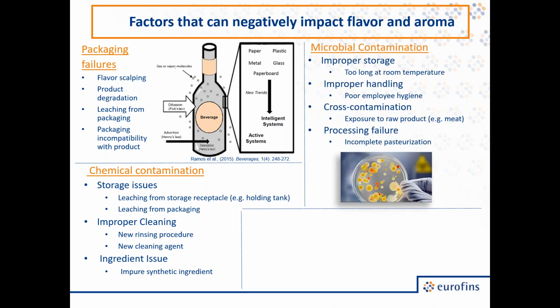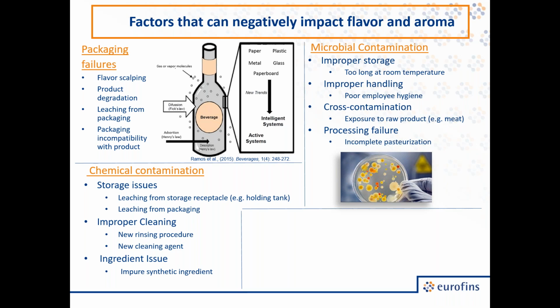Another source of off odors and off flavors is microbial contamination. Microbial contamination can come from a variety of different places, such as improper storage. For example, a product that should be refrigerated is kept at room temperature too long during storage or transportation, which can lead to microbial growth and off flavors. Improper handling can also lead to microbial contamination.